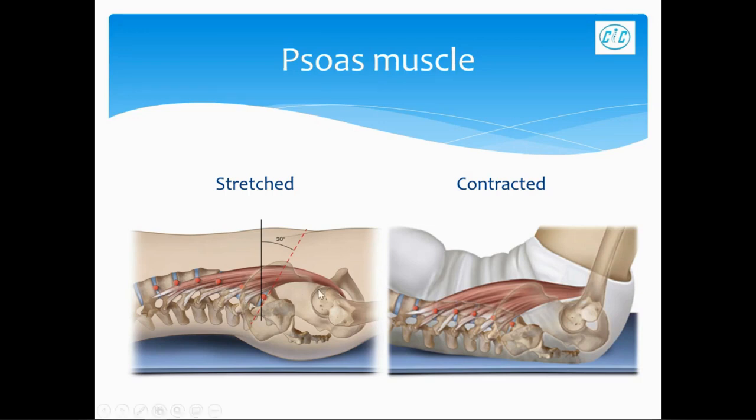Here is the psoas muscle right here attached to the side of the spine. Here's the femur right here inside, and you notice that it is a long, strong, and very primitive part of the muscle groups. When you have your hip and leg straight, it's going to put tension on the lower back to go forward.